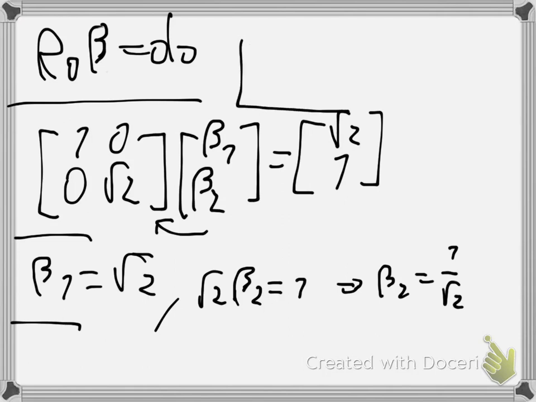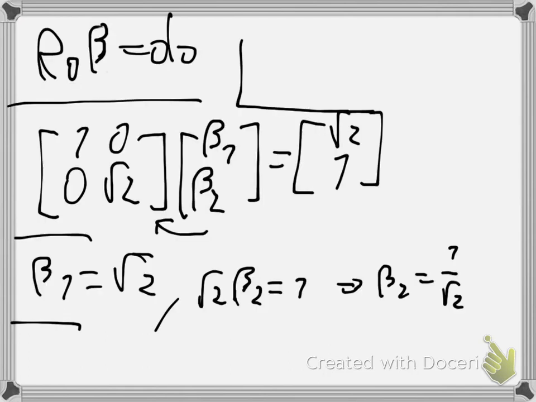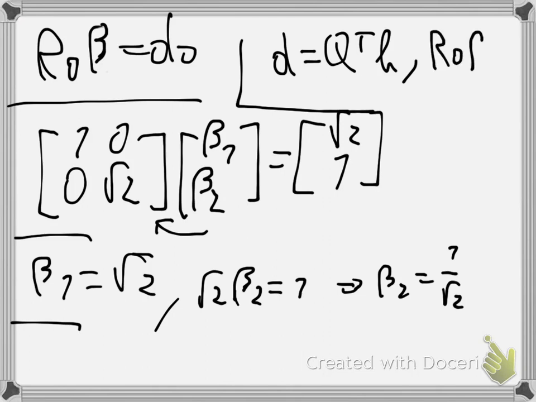So just remember, you can use the QR factorization to solve least squares problems. You need to find d, which is equal to q transpose b. B is the set of values that are given at the beginning, and then you solve R0 beta, or R0x, is equal to d0.